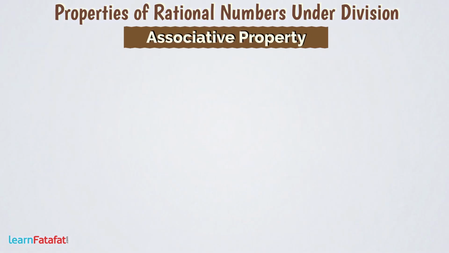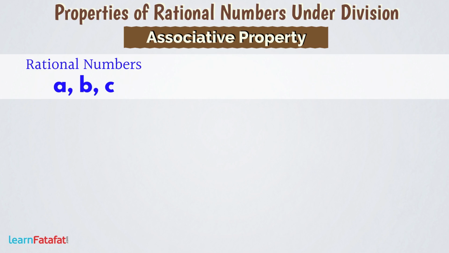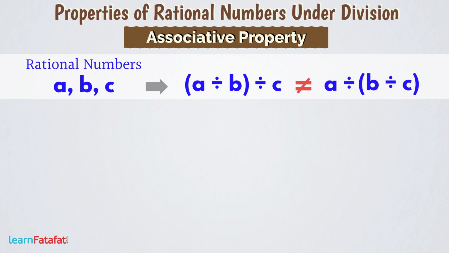Associative property. Division of rational numbers a, b and c cannot be grouped in any way. a divided by b divided by c is not equal to a divided by b divided by c, with different grouping. Order of division is very important. For example, minus 6 by 7 divided by minus 5 by 14 divided by 2 by 3.